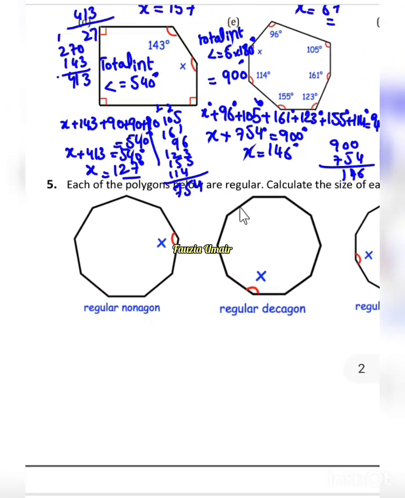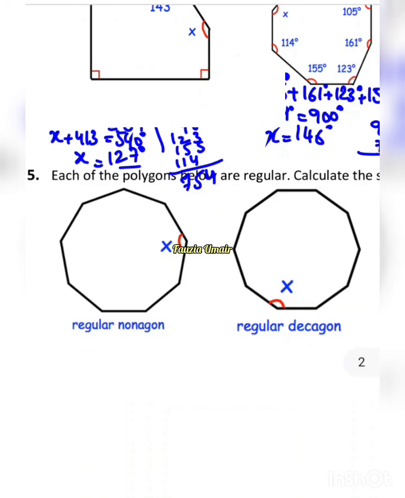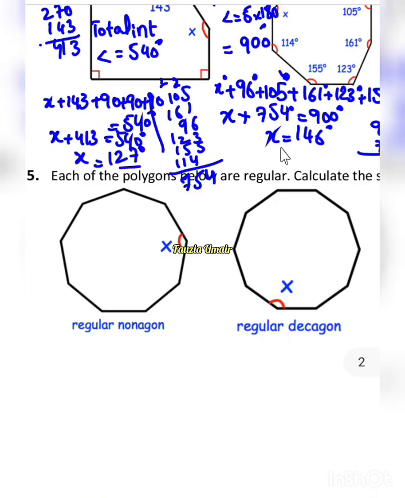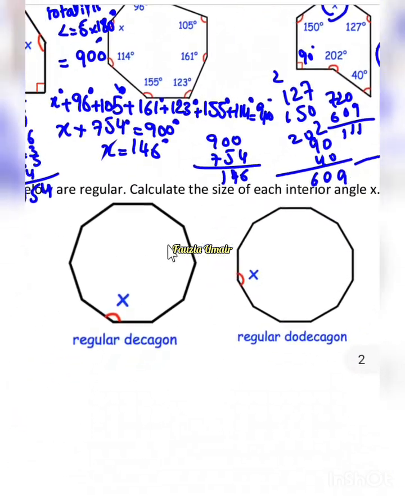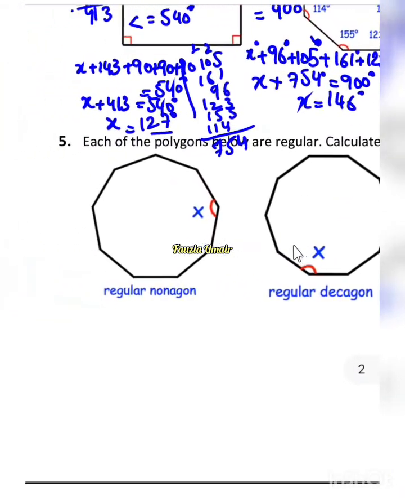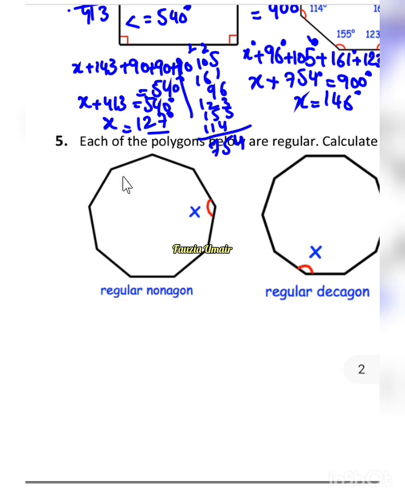So the word regular is telling you basically that all interior angles must be the same. Calculate the size of each interior angle. So I can easily calculate each interior angle because they are all equal. But first of all, I need to calculate the total interior angle.